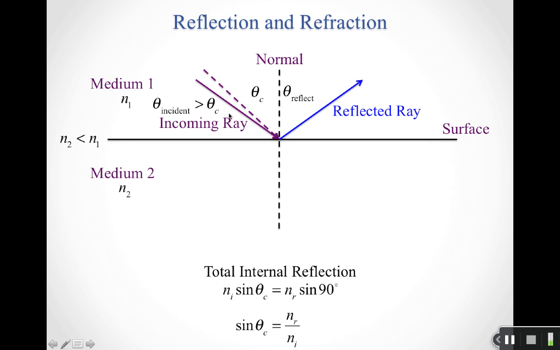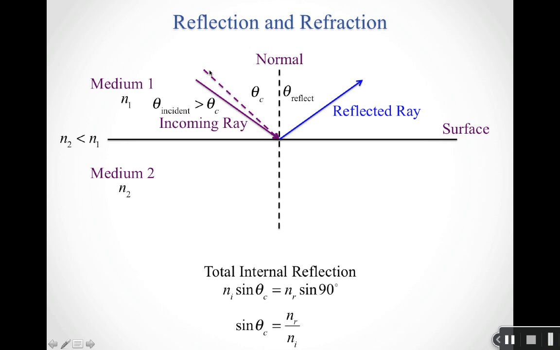If I switch over so that my incident angle is larger than the critical angle, then what I actually get, and here's the total internal reflection part, is that nothing is transmitted. Everything is reflected back. This is a way to get great reflection with very little loss of light.